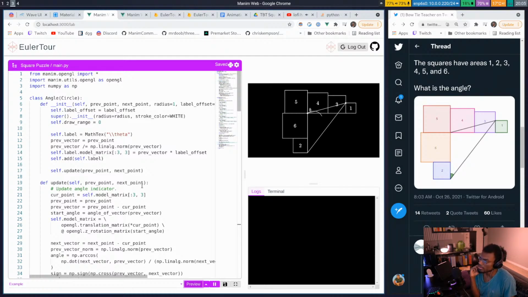So how should this really work? It needs a previous, a center, and a next. That's what it needs. So I have a center, previous, and next.